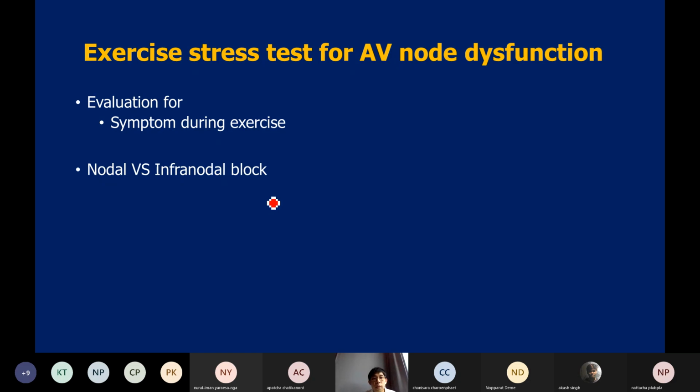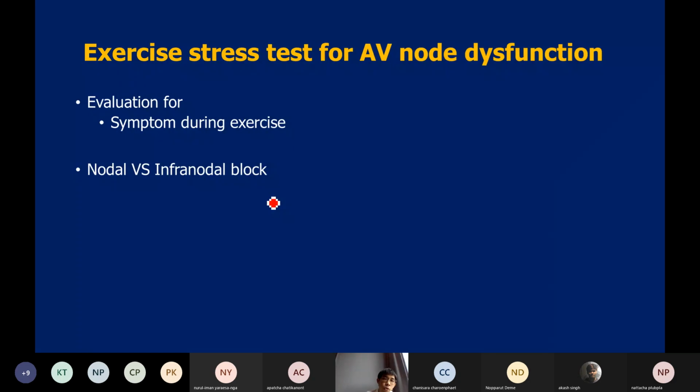If you do the exercise stress test and put the patient on the treadmill, you could see whether there are really some symptoms during the exercise, which could confirm that he actually has symptoms and is not asymptomatic.